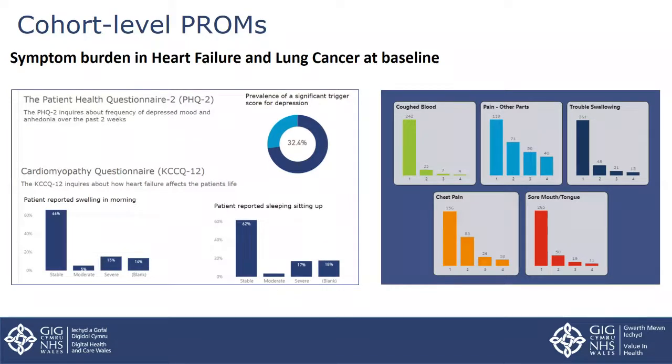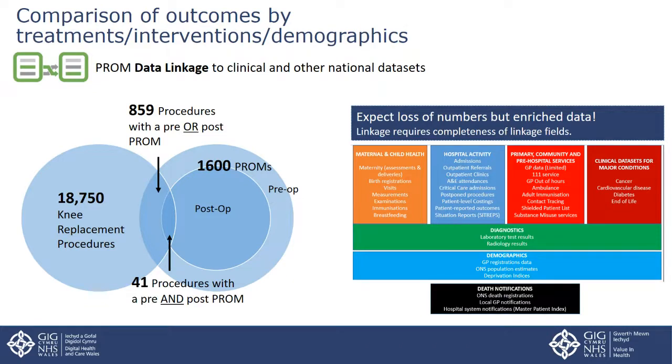Next slide, please. There is a choice when analysing PROMs data as to whether to examine all PROM records, as has been shown in the past two slides, or just those that have linked to additional data sets. So to answer more complex questions like those that involve comparison of outcomes data, this usually requires the data to be linked.